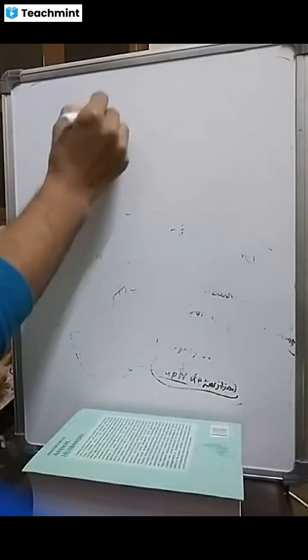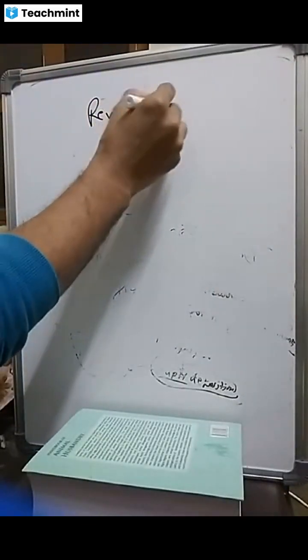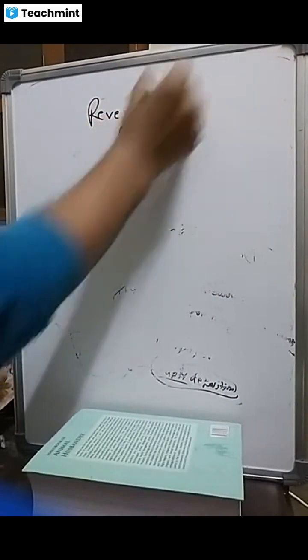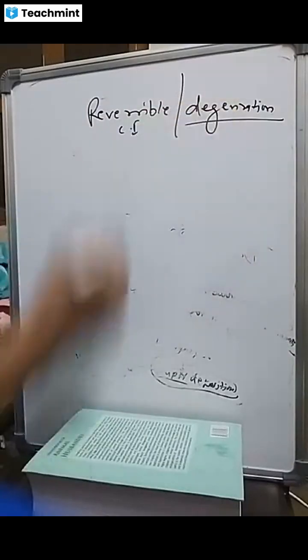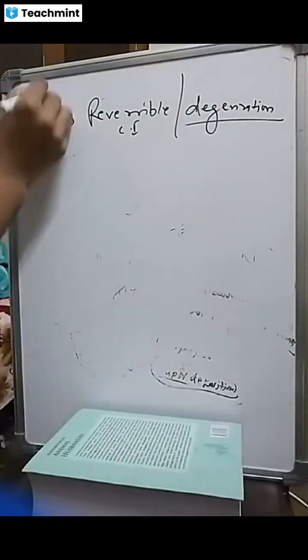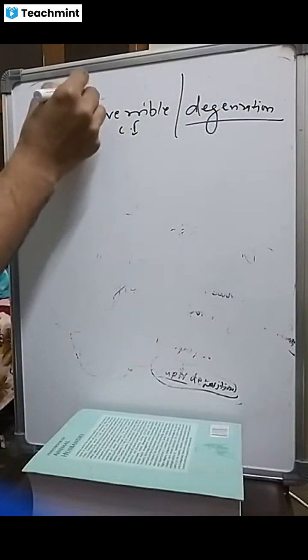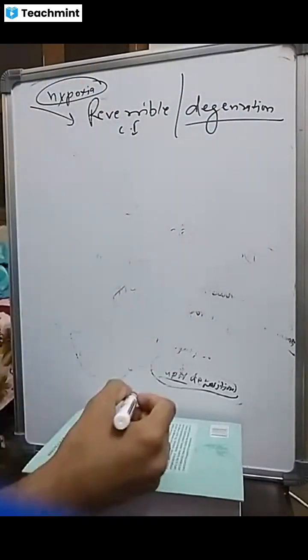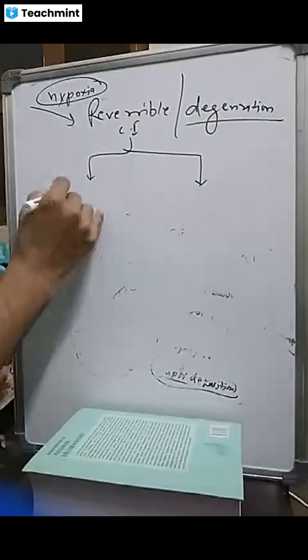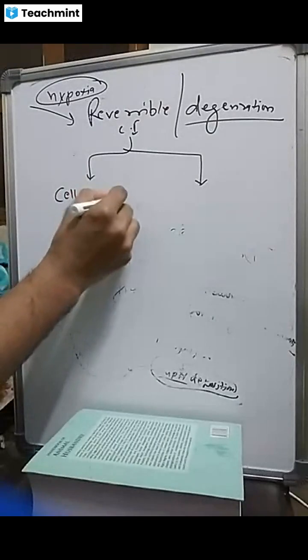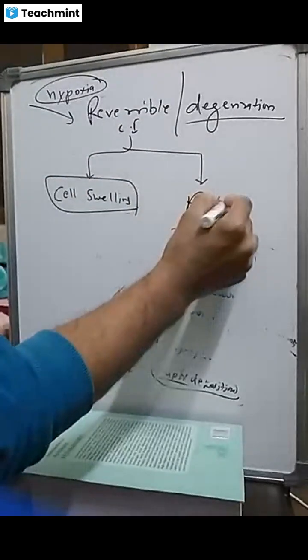I was telling you, reversible cell injury, in old terminology, was called degeneration. This we are studying because of hypoxia, and it is giving two patterns. One, it is giving cell swelling. Two, it is giving fatty change. Why is cell swelling there?